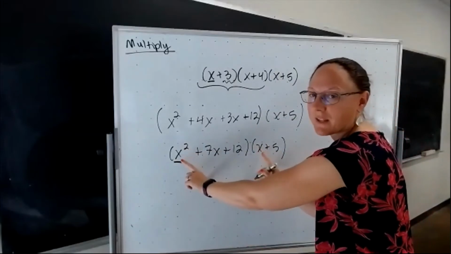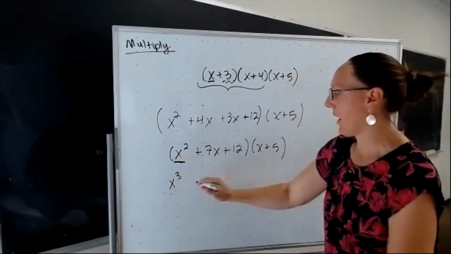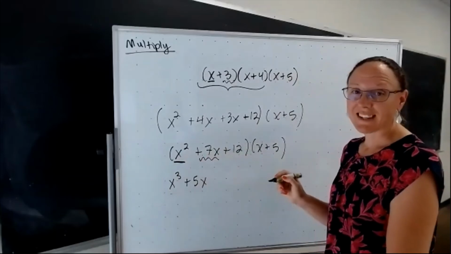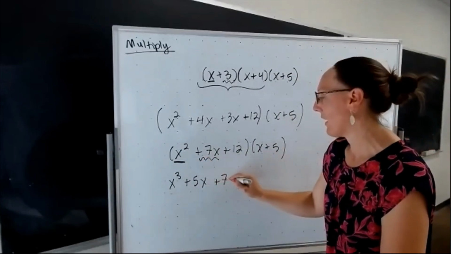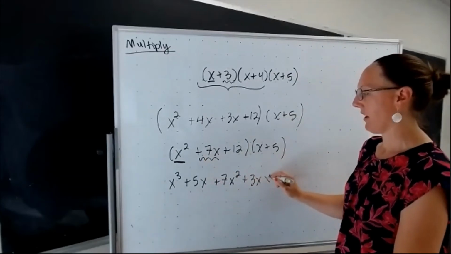So x squared times x is going to give me x cubed, x squared times 5, 5x. That next piece, 7x, 7x times x, I'll have 7x squared, 7x times 5, that's 35x.